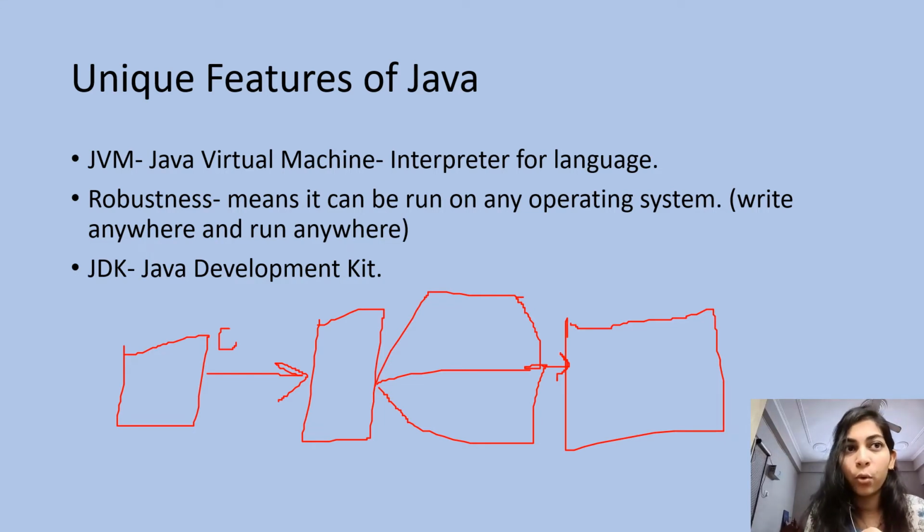The code which will move from here to here will be error free, will already be debugged. There will be no need for it to be debugged at the time of interpretation, when JVM is in use. There won't be any errors which the program shall encounter and stop in the middle, right?